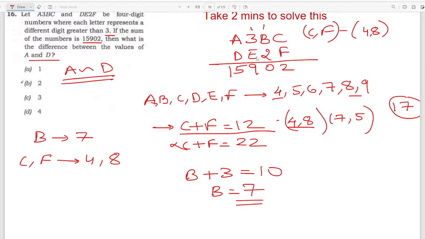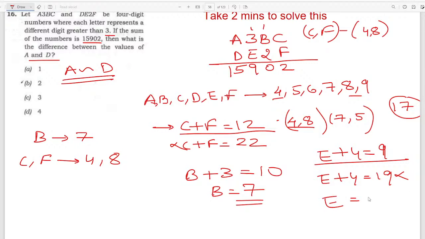We need E. So we need E plus 4 to be equal to 9 or 19. The largest number here is 9. If I take 9 plus 4, it will not reach 19. So this possibility is gone. So E plus 4 would give you 9. So E is equal to 9 minus 4, which is 5. So E is 5.